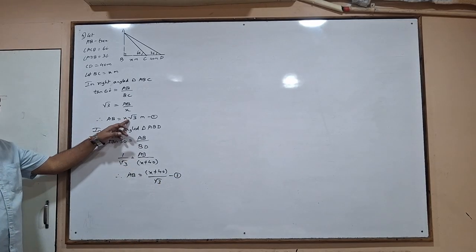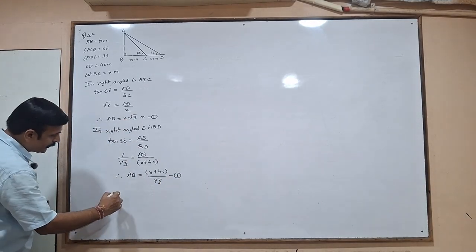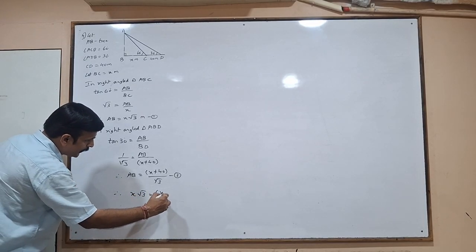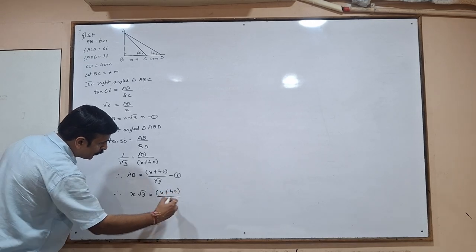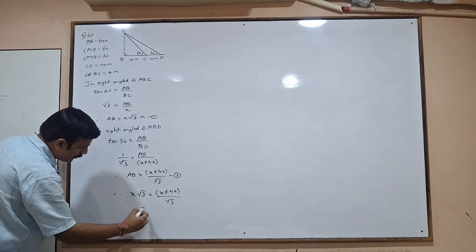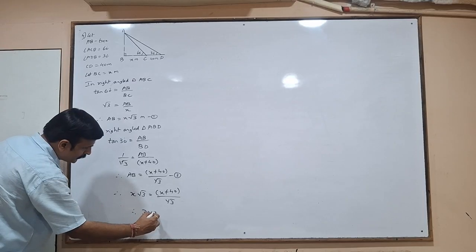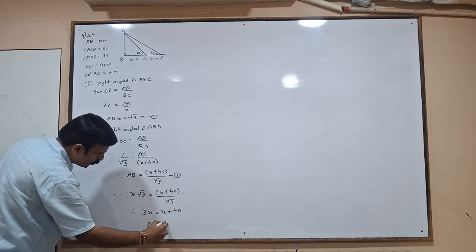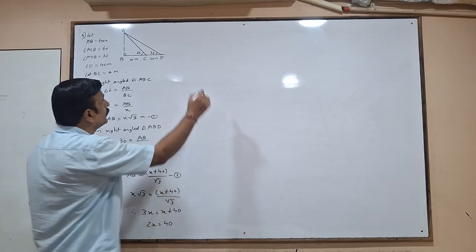Both are equal to AB. We can equate them. So x root 3 is x plus 40 upon root 3. Cross multiply. 3x is x plus 40. So 2x is equal to 40.